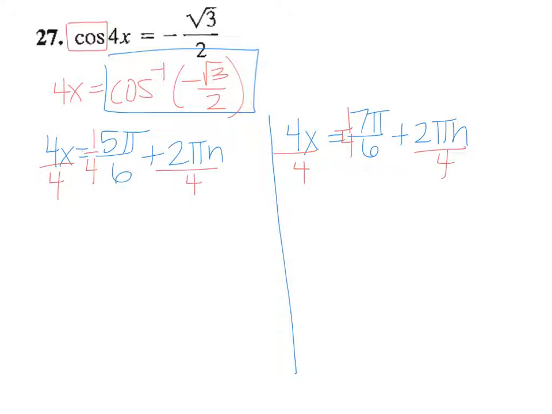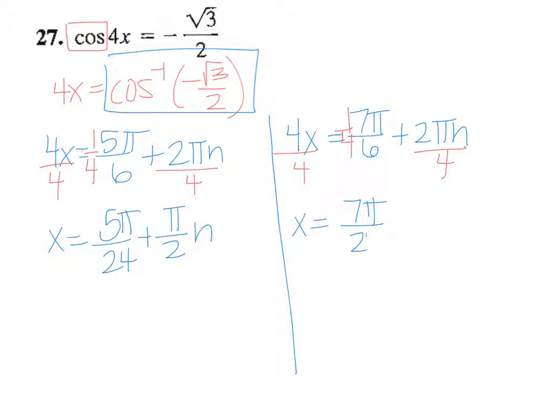So with the fraction, we're going to get 5 pi over 24, plus pi over 2 n. That's what x equals. And then for the second equation, we're going to get x equals 7 pi over 24 plus pi over 2 n.